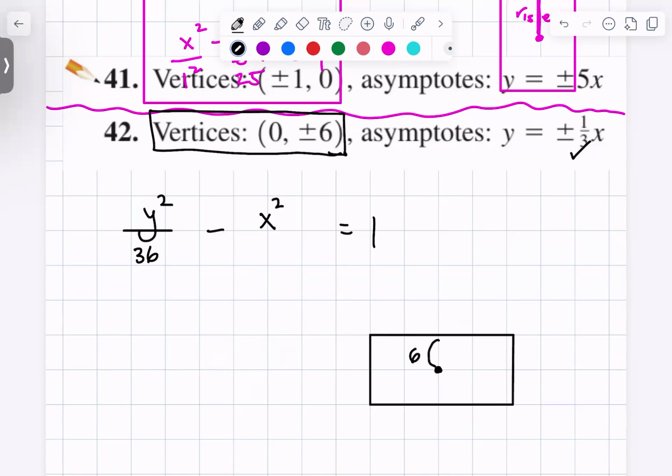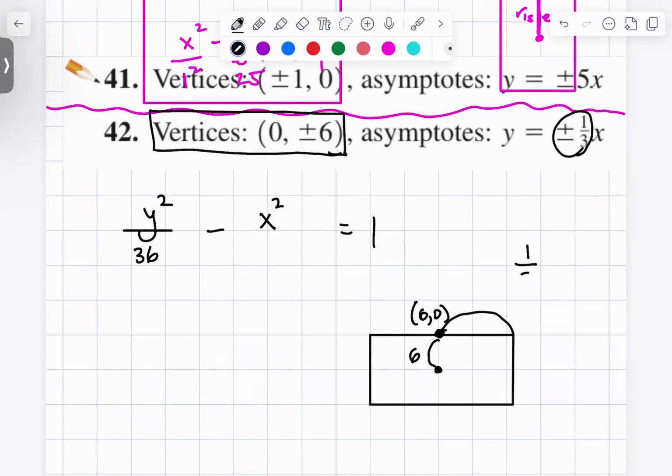Because my vertex is here, and that's at 6, comma 0. Correct? So how much did I run to get my slope at positive 1/3 or negative 1/3?